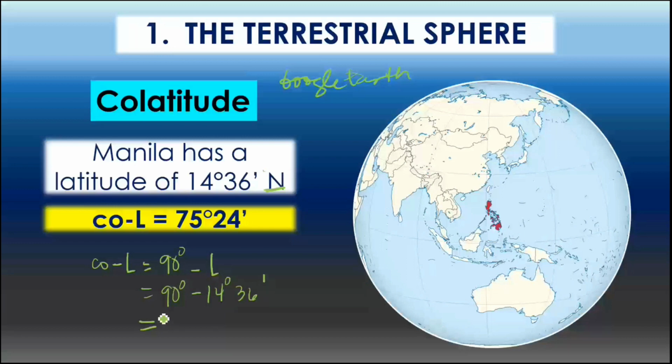Then you just input it in your calculator. Consider the DMS. The answer in your calculator should be 75 degrees, 24 minutes, and 0 seconds. We're going to consider up to the minute because the second is already 0. That is the reason why the colatitude here is 75 degrees, 24 minutes.